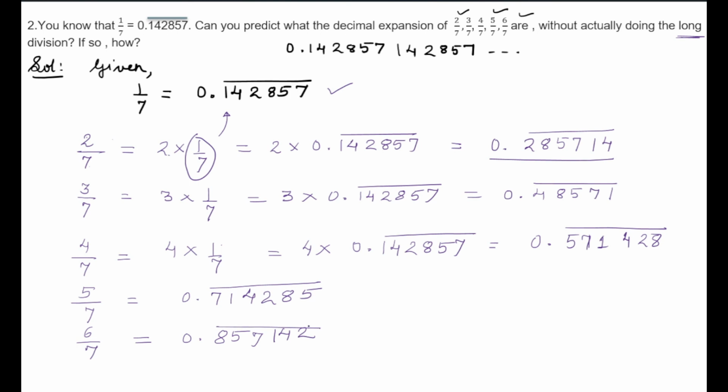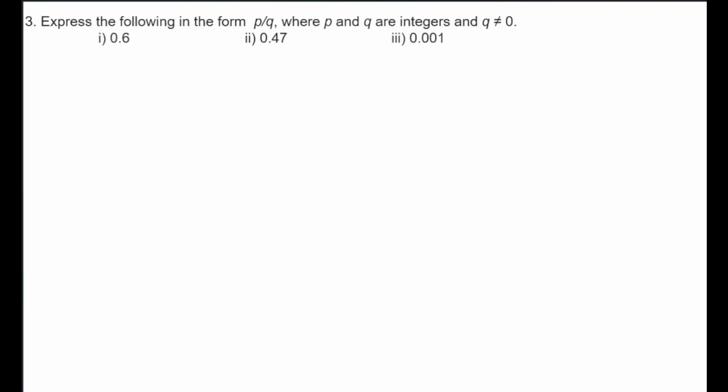So this is the whole value. We did not do actual division, but just by using what is given to us, we have just multiplied it with different numbers like 2, 3, 4, 5, and 6. And we have got their values. Quite easy. Now coming to the next question.